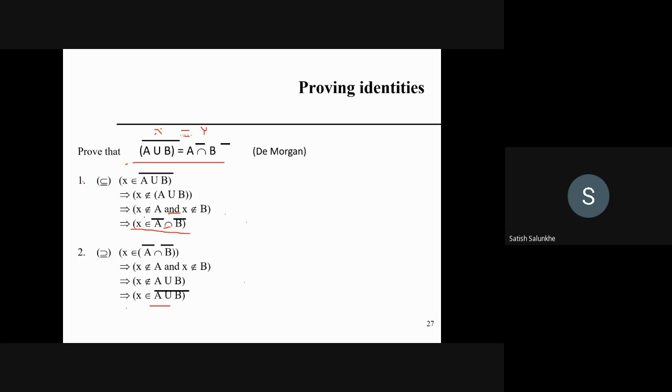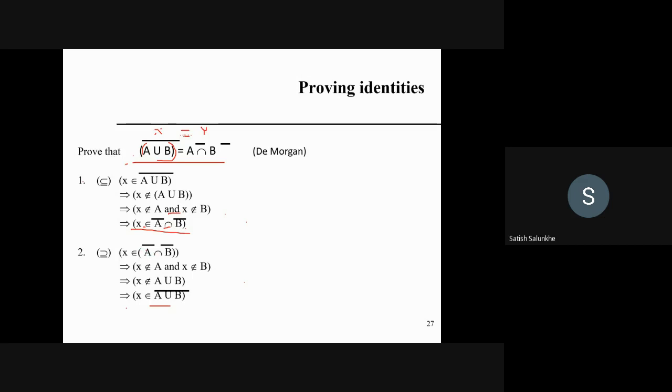So from this, what is the conclusion? We identified that this set is a subset of this set. We started with itself and landed that this set is a subset of this set. Similarly, we will start with this set as a subset of itself. So X belongs to this entire thing, A complement intersection B complement. What does it mean?